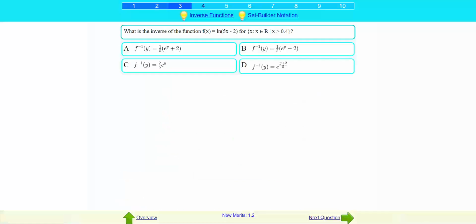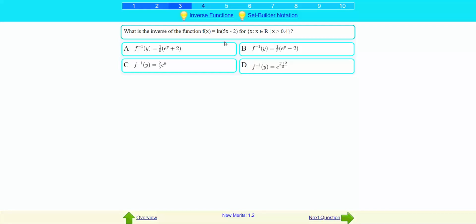Okay, so does it mean that in this case it becomes e to the power of x? That's the inverse, e to the power of 5x minus 2.